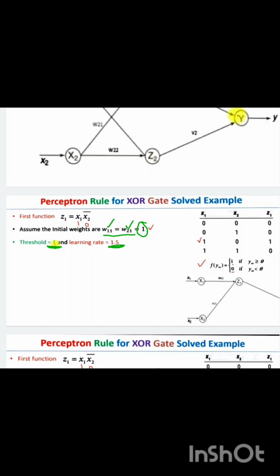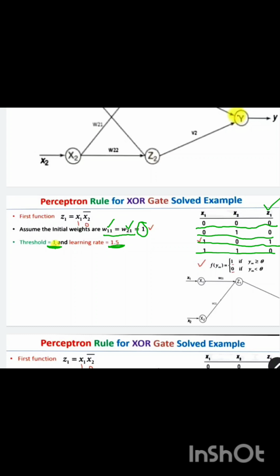Now we calculate Z1 equal to x1 into x2 bar, and we find out the training samples. These 4 training samples are there for each of the rows. Can you see that? So these are the 4 training samples: x1, x2 and z1.